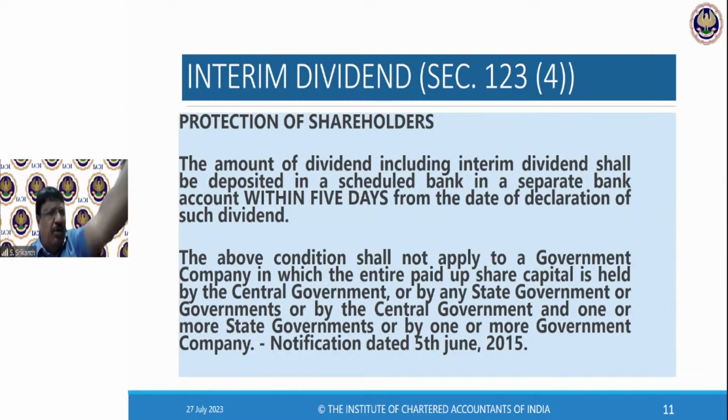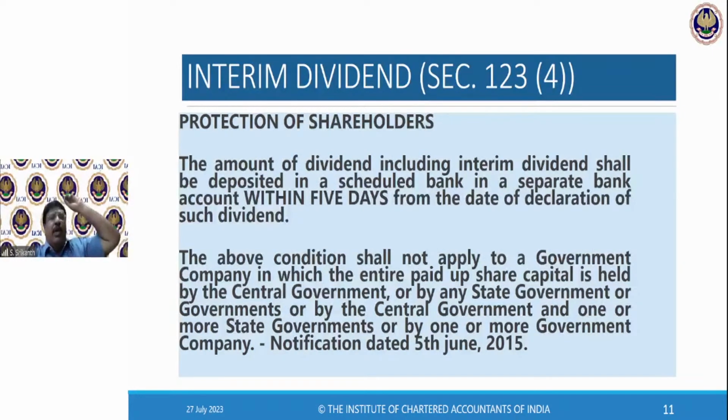The money should not be in your hand anymore. Interim dividend will be announced by the board. Final dividend will be recommended by the board and approved by the company in AGM. Whatever it is, within 5 days from the date of declaration, you have to deposit it in a separate bank account. And it cannot be taken by you.